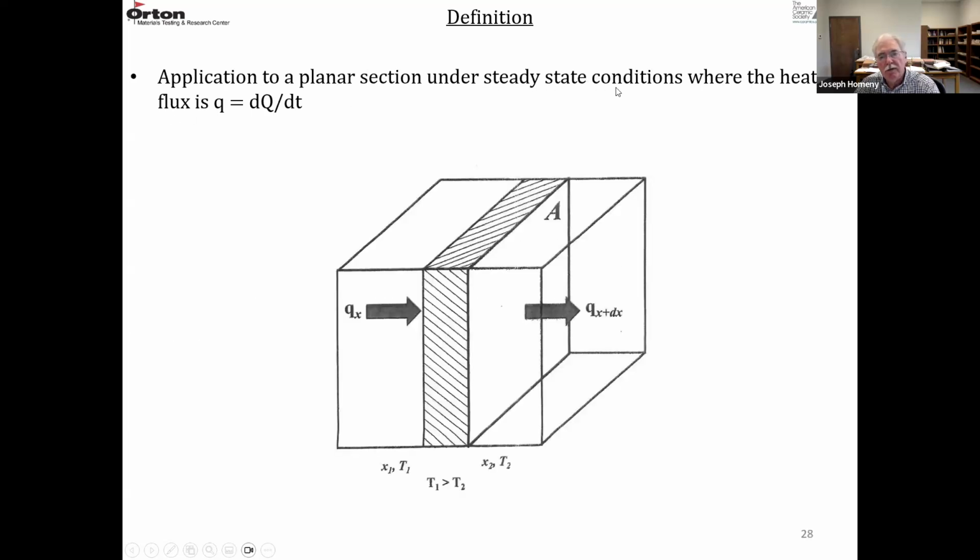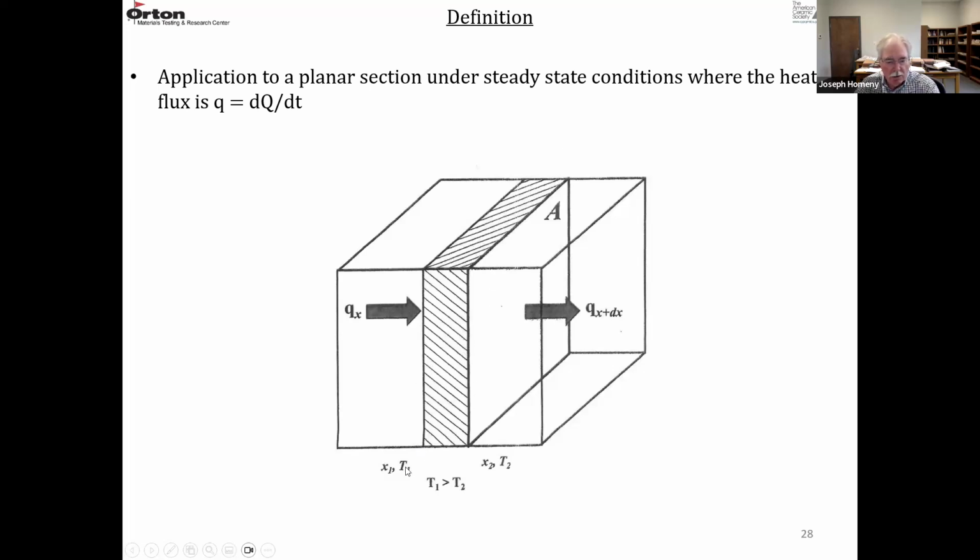So under steady state conditions, we have a constant thermal gradient. So the heat flux dQ/dt, we can call it small q. Here's a cube with a thermal gradient, and we'll look at two planes in this cube.